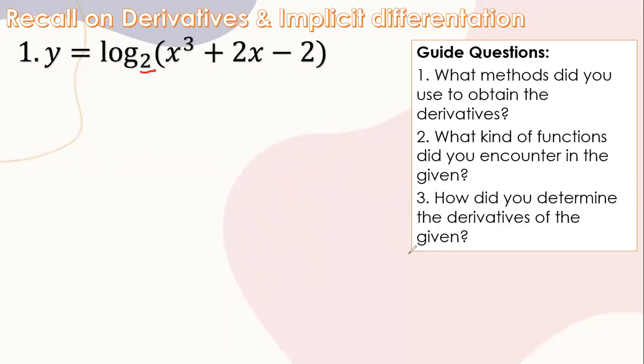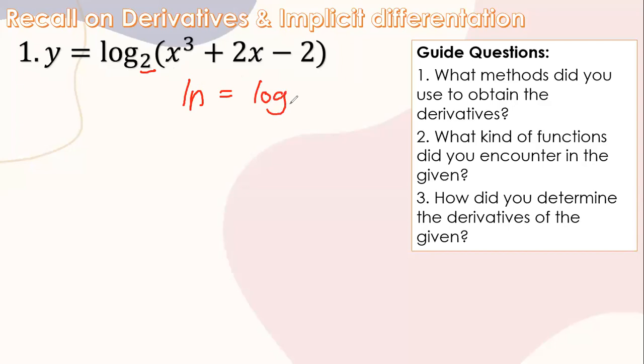our base 2. Okay, so recall tayo, pag nagde-differentiate tayo or derivative, kumukuha ng derivative ng logarithm. Okay, for example, with the base e, that is the ln. Okay, ang base niya ay e.